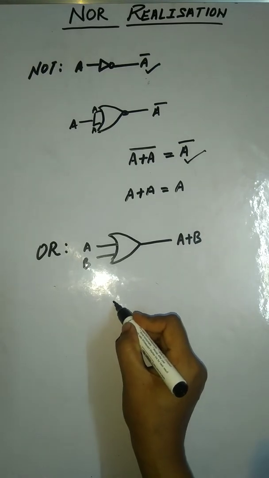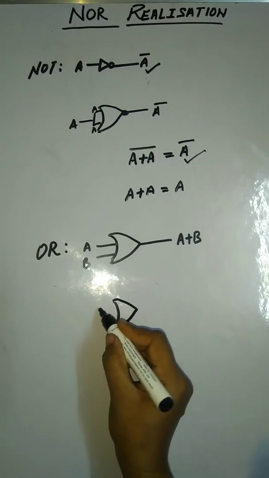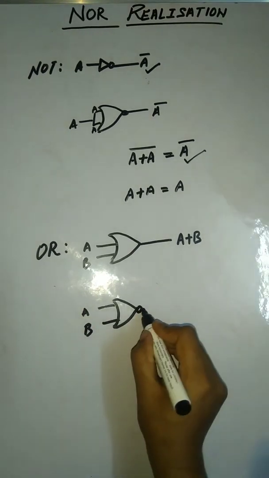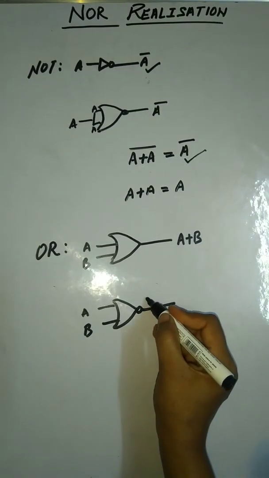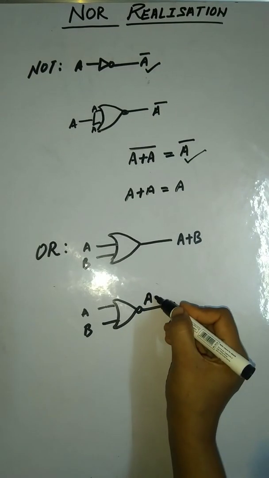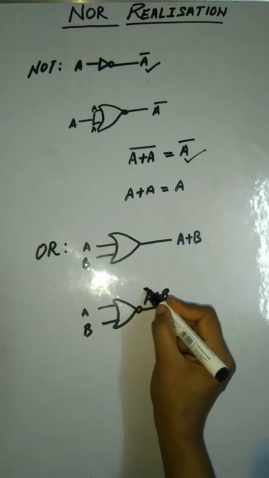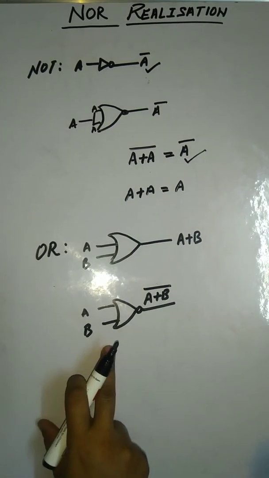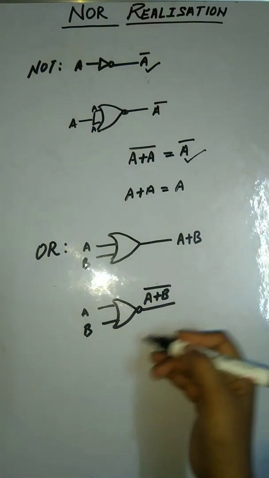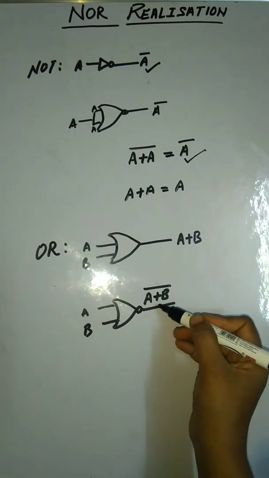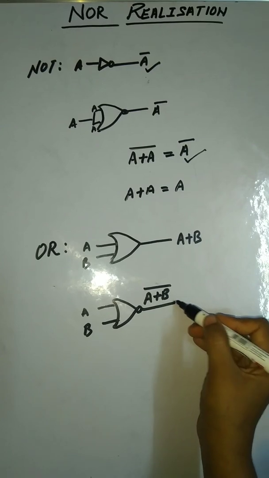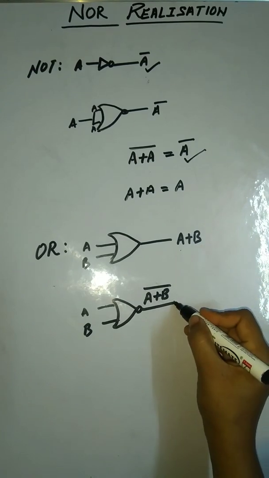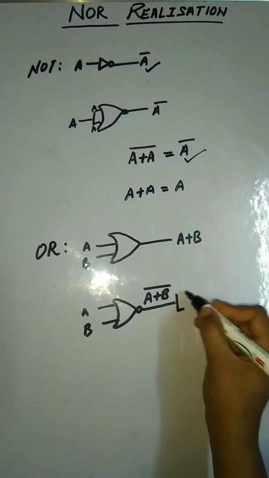Here, first of all we take a NOR gate taking two inputs A and B. According to the NOR gate, what is the output? (A + B) whole bar. It's the result of A and B inputs using the NOR gate. The output will be (A + B) whole bar. So again we need A + B, so again we use a NOT gate.